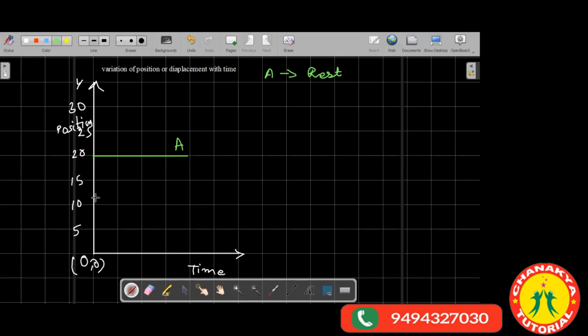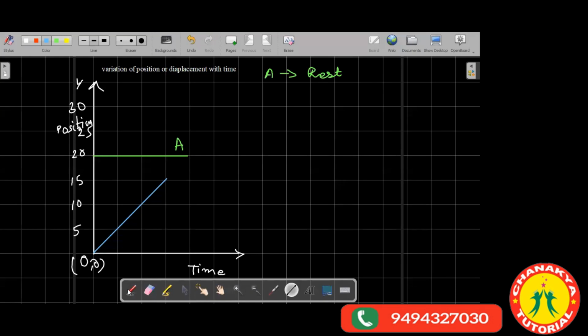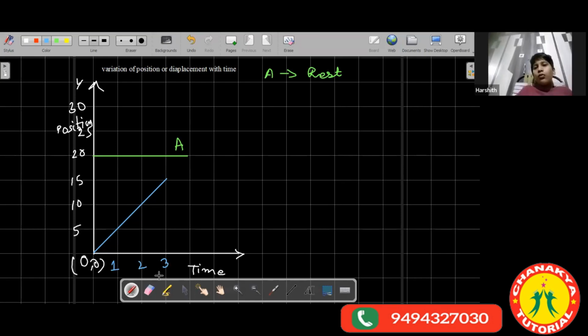Then the second one. Let's draw another curve like this. What information is conveyed by this graph? Sir, the object is moving at uniform motion.